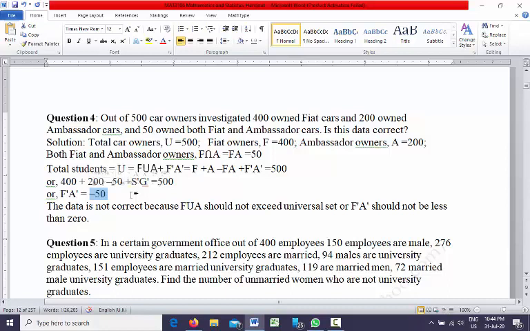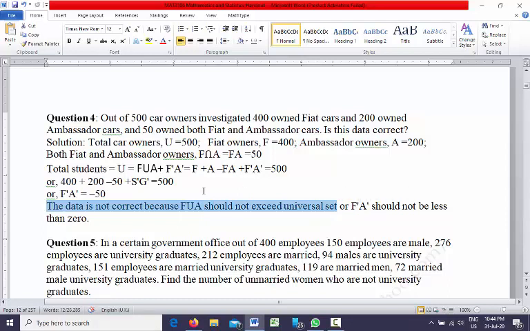But it cannot be negative. So that means the data is not correct, because F union A should not exceed the universal set.